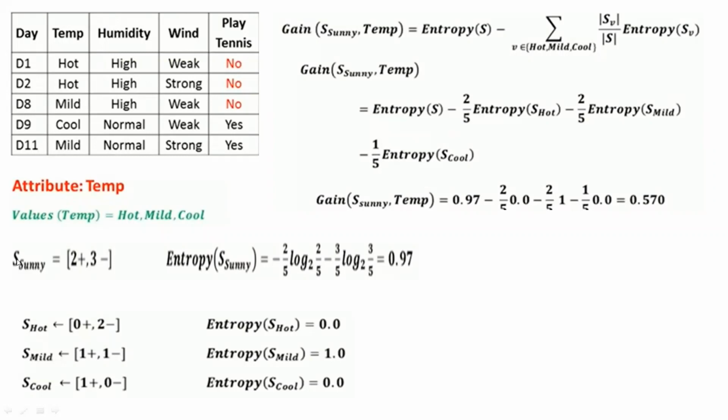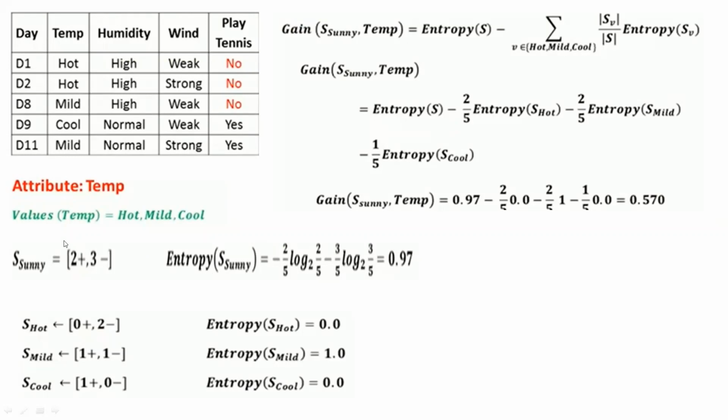Before, the entire data set was having 14 tuples, but here Sunny is having only 5. Hence, we calculate it as minus 2 by 5 log 2 base 2, again minus 3 by 5 log 2 base 2. So this is the calculation for entropy of Sunny.